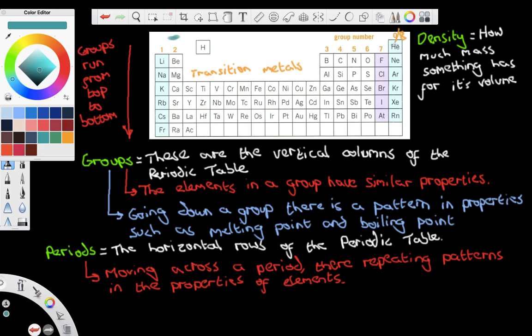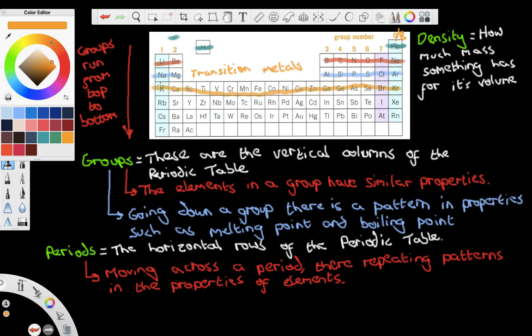Period 1 would be these ones, okay? Period 2 would be these elements. Period 3 would be these elements. So these are the horizontal rows that run from left to right. Period 4 would be these elements.